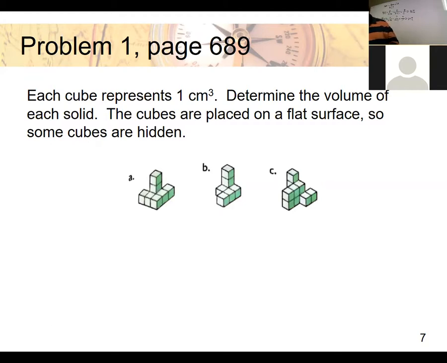Here the cubes are placed on a flat surface, so some of the cubes are hidden, and we want to determine the volume of each solid. Let's say we have this. I'm doing part A just like the one on this slide, and here we're seeing this as 2-dimensional.